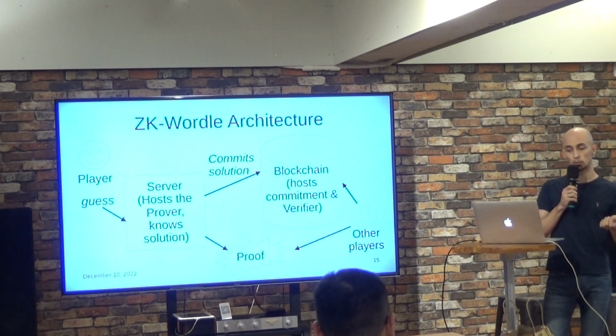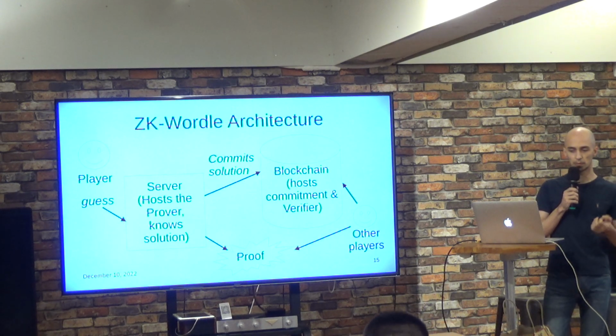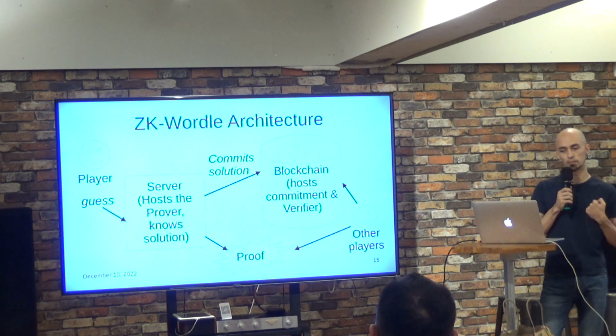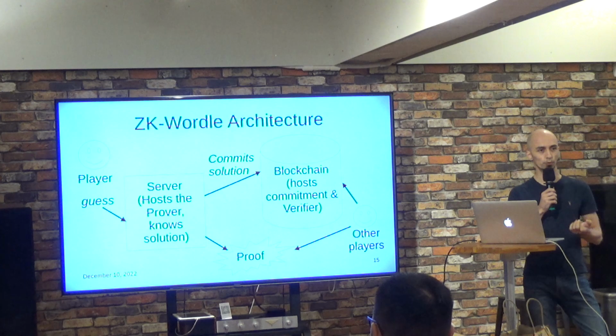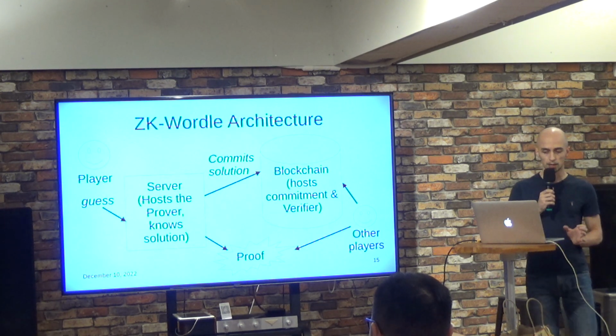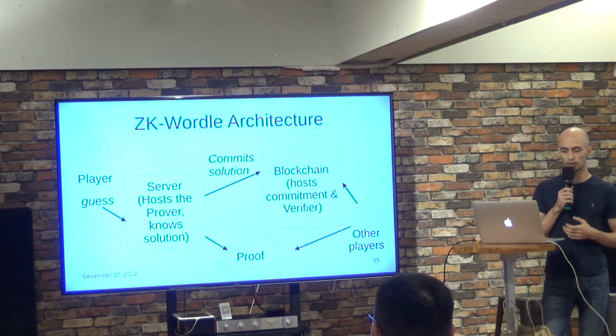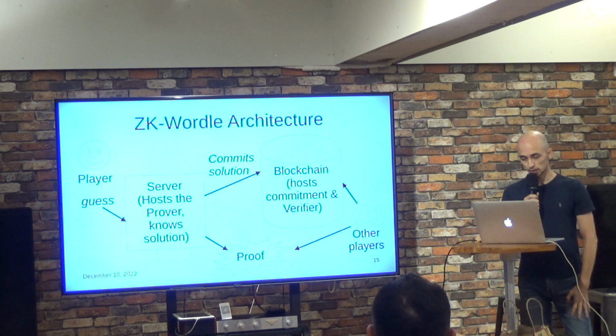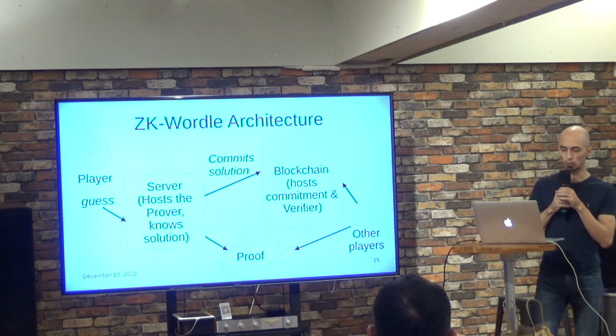When some player wants to play the game, they provide the guess to the server and they get the clue in return, and they also get the proof that this clue actually corresponds to their guess. And anyone else who wants to later verify their results can also take the proof and run it inside a verifier. And here we can see that our verifier, for some reason, also lives on blockchain, and we will learn in a moment why.